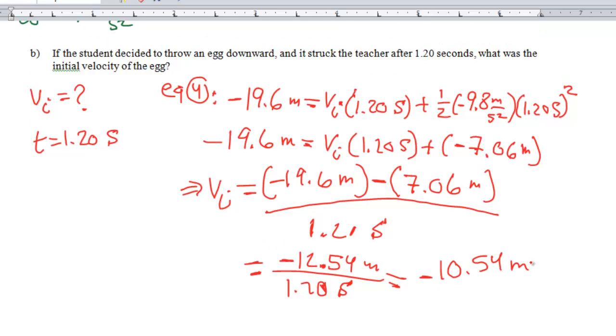Okay, so the student has to throw the egg with a speed of negative 10.54 meter per second downward in order to hit the head of the instructor, or the head of the teacher, in 1.2 seconds.